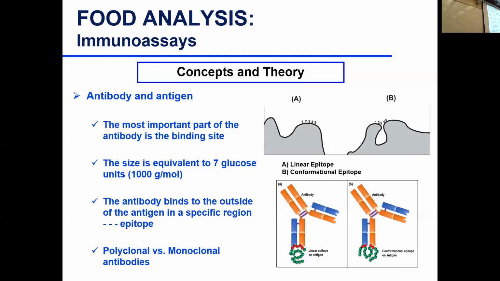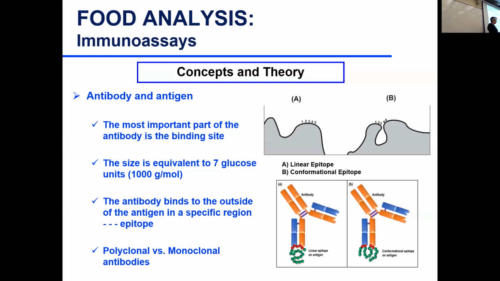The monoclonal antibodies are formed by B cells that are cultured. B cells are harvested from an animal source, and then cancerous cells are fused with B cells so that they can multiply and grow. Different B cells will give you different antibodies.